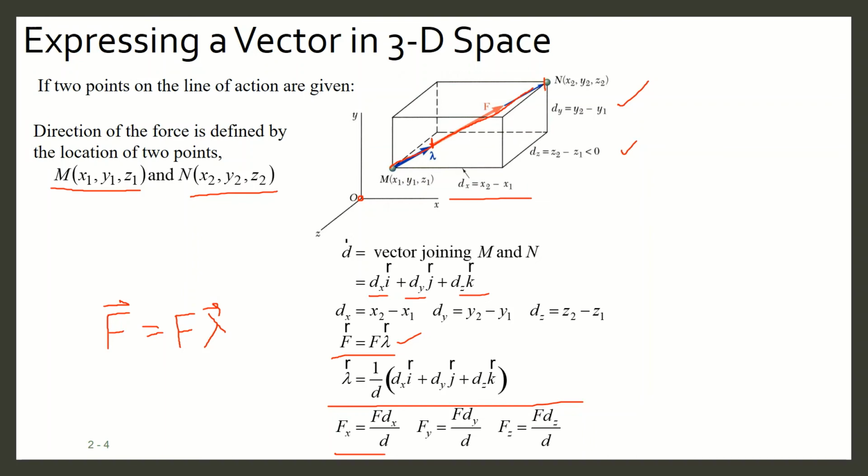So this is how you can express it when your vector is not originating from the origin. Whenever you are solving problems, not always does your vector originate from the origin. Sometimes it originates from the origin and sometimes it has some coordinates. So whenever you are solving 3D problems, you can use these equations to represent your vector.